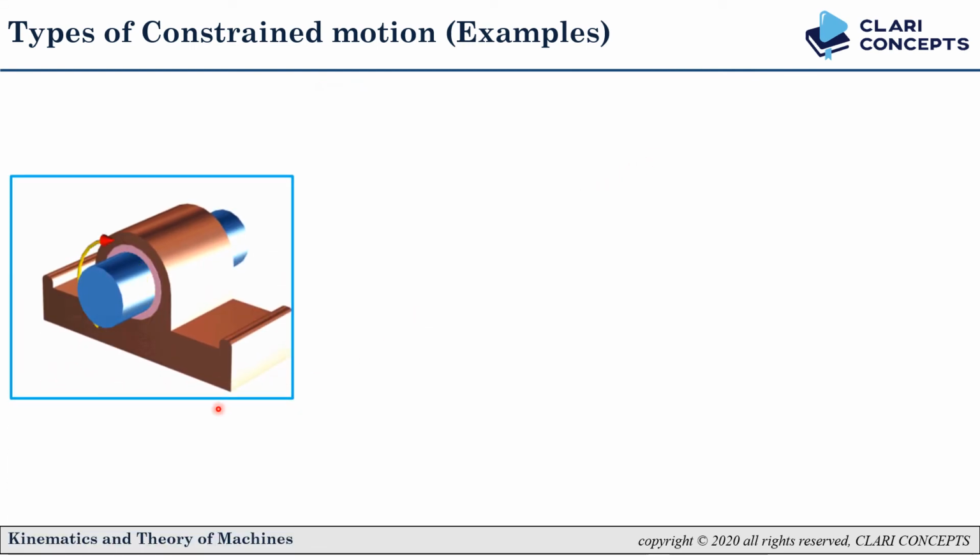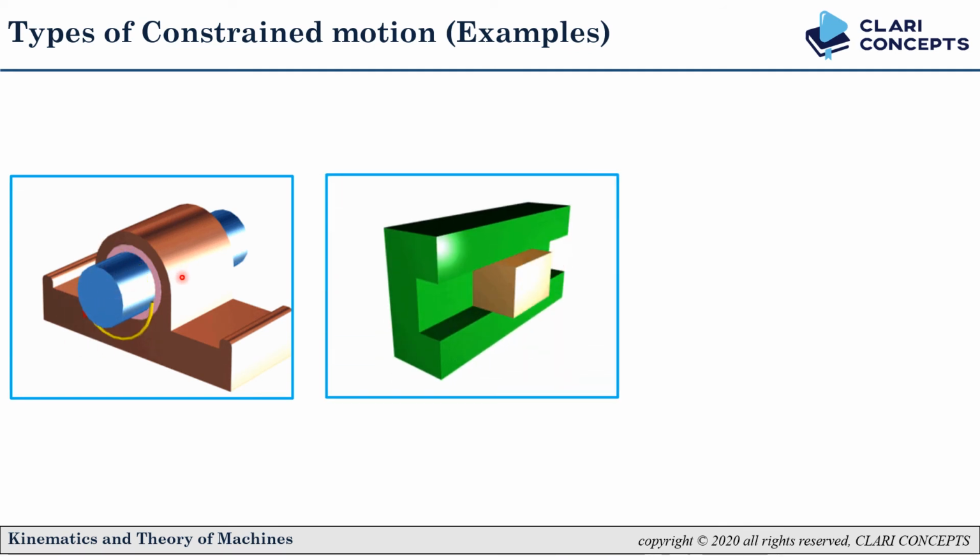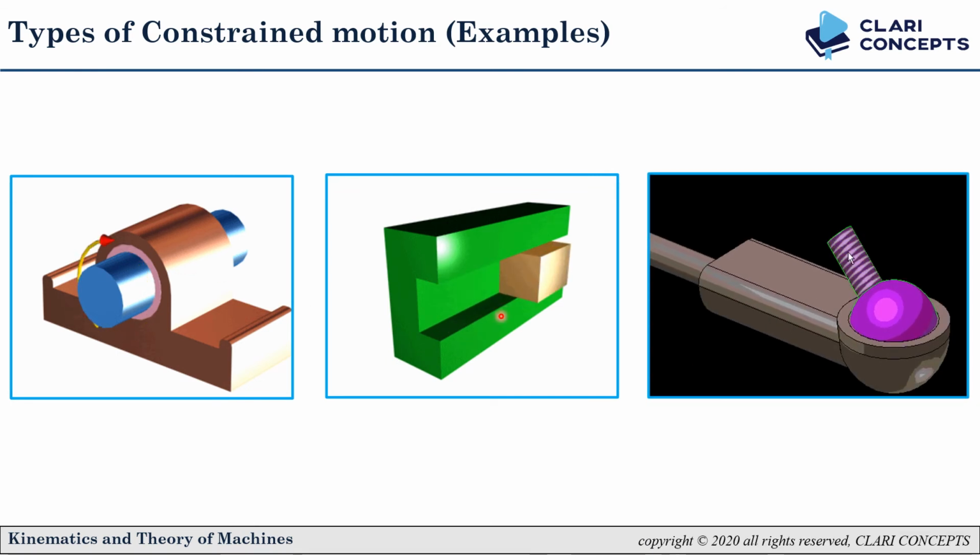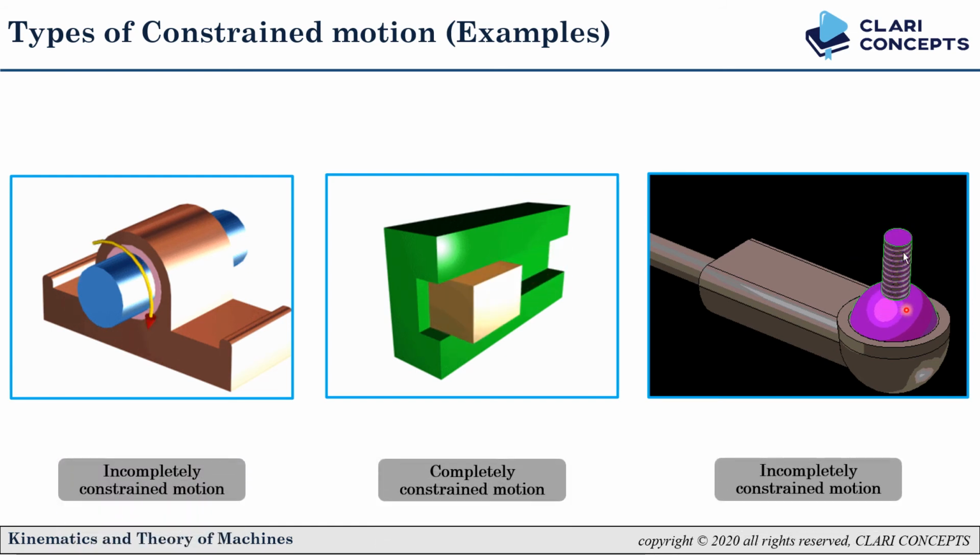Another example we are going to see. Here you can see a circular shaft which is rotating inside a circular hole. Here you can see a sliding block which is sliding inside this green link or guide, and here it is a spherical pair. We have already seen this. This is a ball and socket joint.